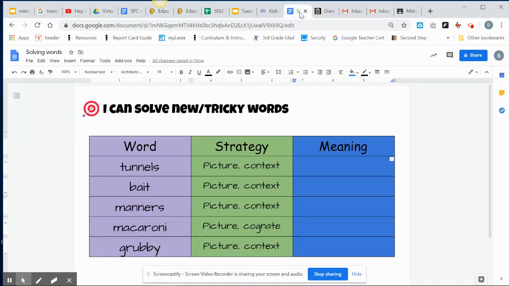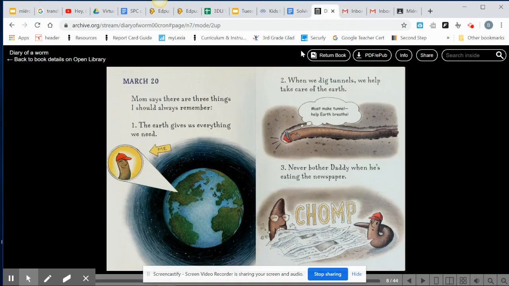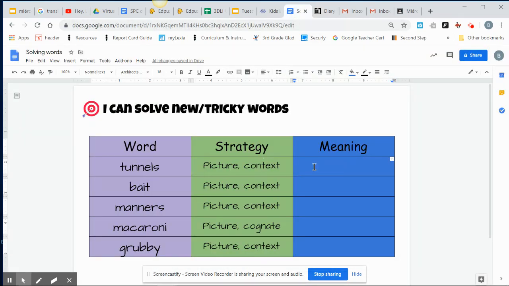As I look at it, I notice that he's digging a hole into the earth. So tunnel must mean a hole that you dig underground.